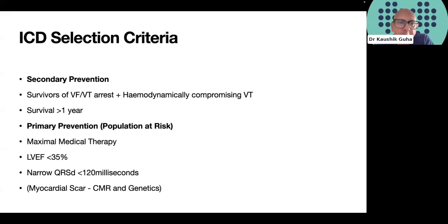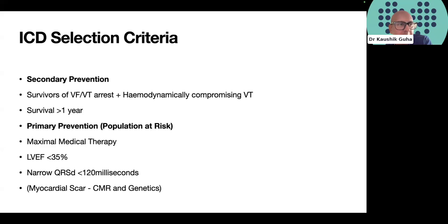Primary prevention, which is the population which is more common and more sizable, which we all see, are the group of patients who have a diagnosis of heart failure with reduced ejection fraction, an ejection fraction on cardiac imaging of below 35%. They're on maximal tolerated medical therapy, and the 12-lead ECG has a QRS duration of less than 120 milliseconds.